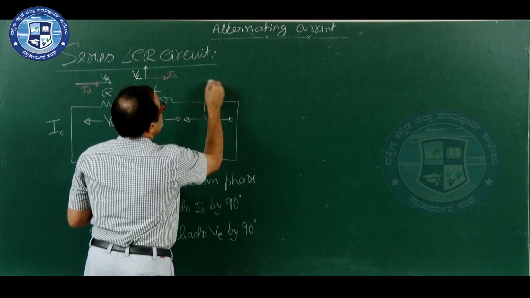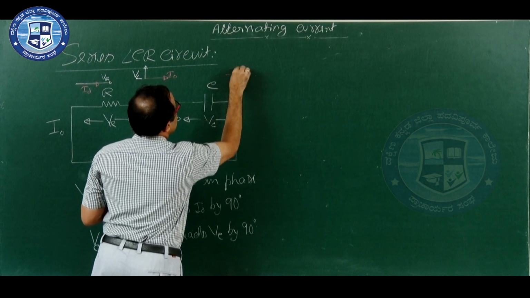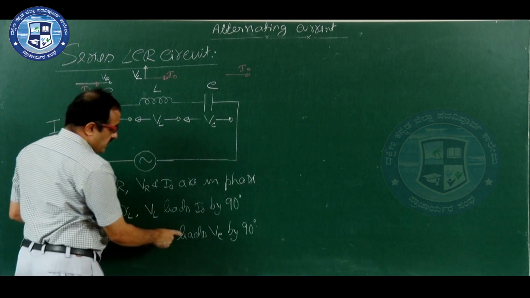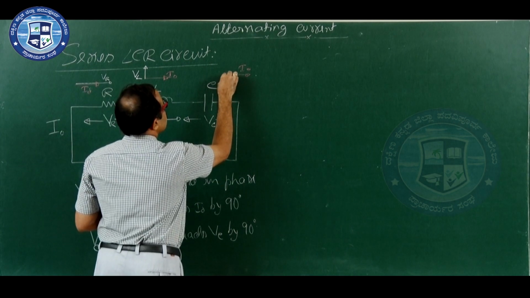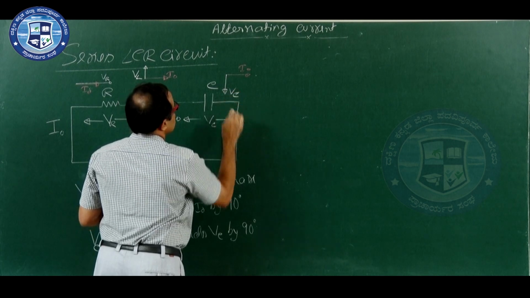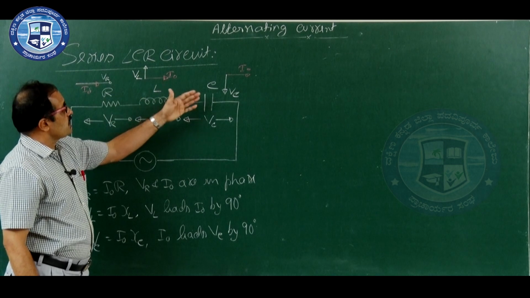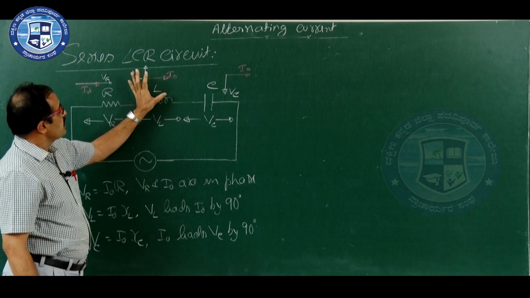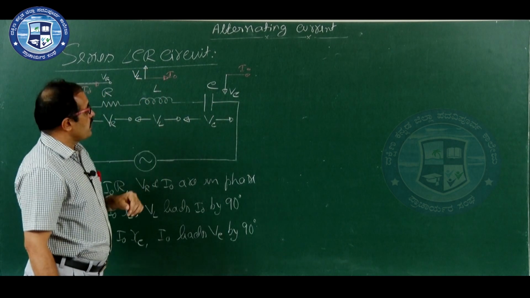And here for the capacitor it is I naught. In the case of capacitor, current leads the voltage by 90 degree. Therefore, this is voltage VC. So, these are the phasor diagrams for the respective components: resistor, inductor, and capacitor.